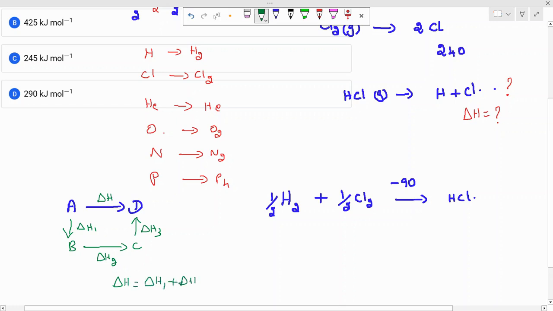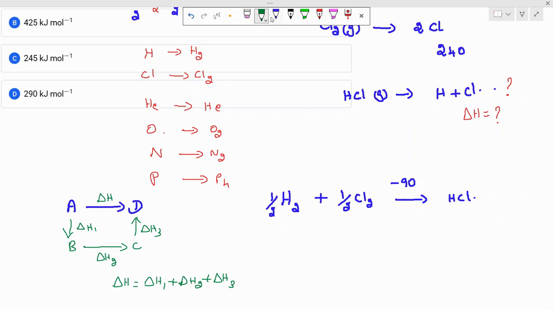Some exceptions are also there, but don't worry about that, because in 11th standard you can follow the Hess law. For future studies after 12th, you can learn the exceptions. But here there are no exceptions. So the direct process delta H equals the sum of the indirect process delta H1, delta H2, delta H3.